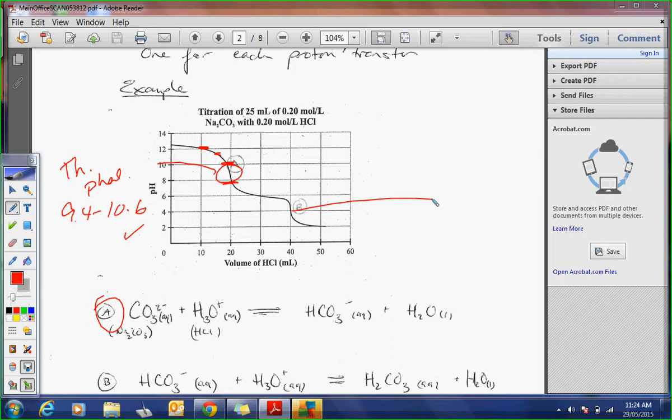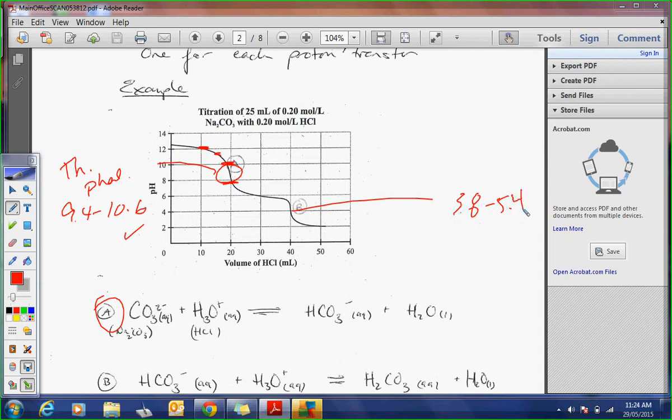Okay, and what about if we were trying to choose an indicator for B? What would we choose? Bromocresol green. Let me have a look at bromocresol green. Or methyl orange. Bromocresol green is 3.8 to 5.4.